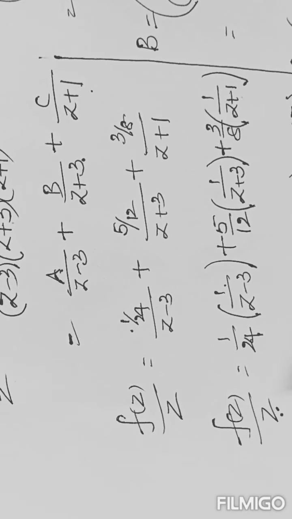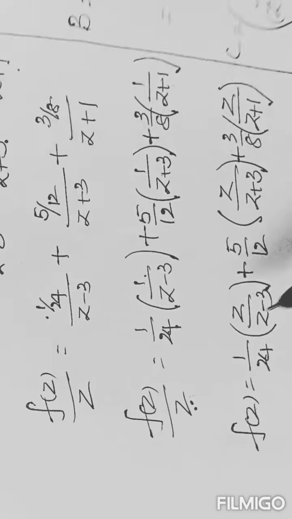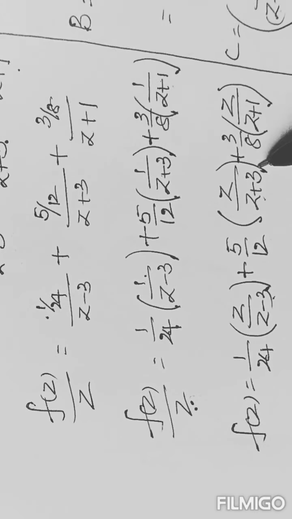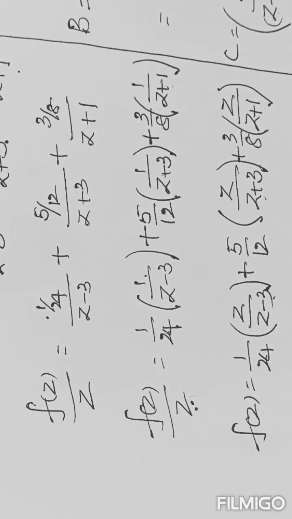After that, you can write Z on the opposite side. Now by cross multiplication, F of Z equals 1 by 24 into Z by Z minus 3 plus 5 by 12 into Z by Z plus 3 plus 3 by 8 into Z by Z plus 1.